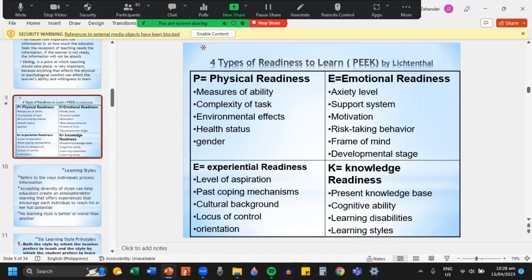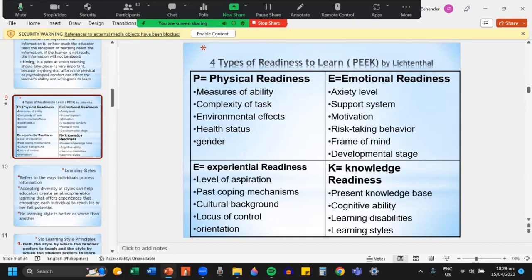Okay, so we have 4 types of readiness to learn. Okay, so PEAK by Lichtenthal. P, E, A, K forms the word peak. So it's a mnemonic. Okay, so P stands for your physical readiness. So under your physical readiness, you have measures of ability, okay, complexity of a task.